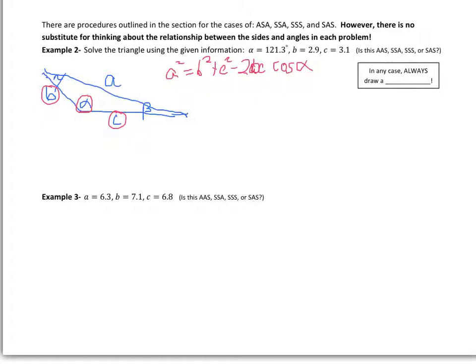Since we know alpha, B, and C, this is just a plug and chug. But remember that this is A squared, not A, and you have to take the square root of the answer once you get that.